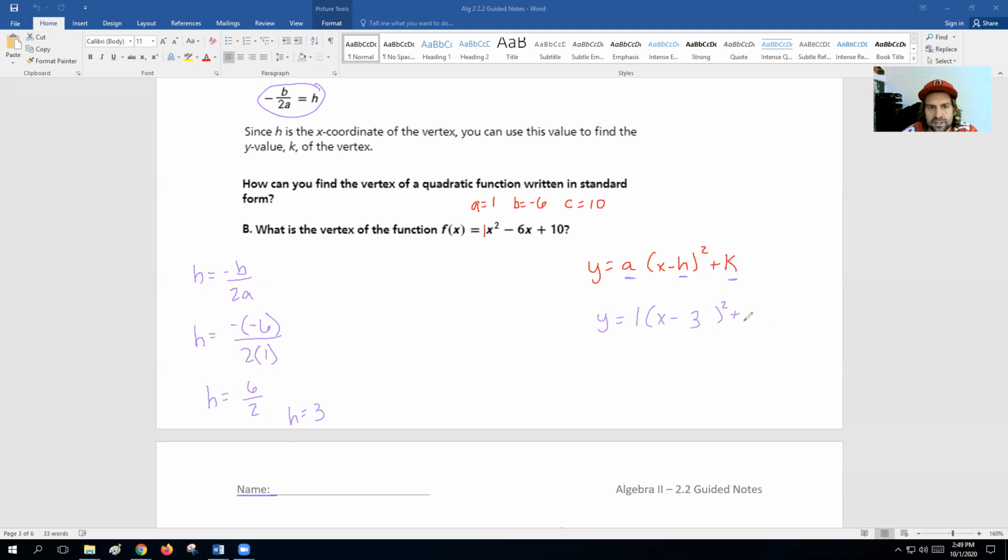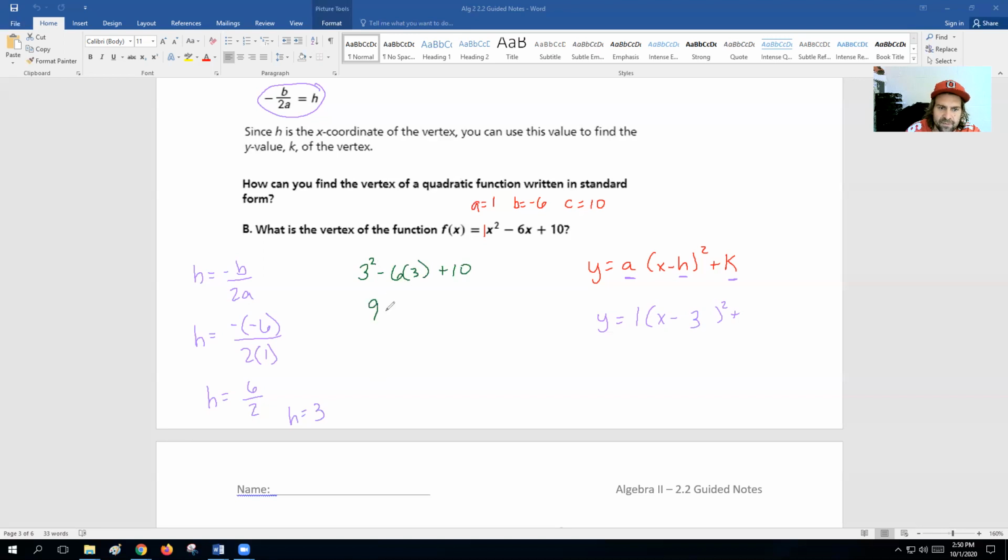Okay, now the next question is, what is k? We can use that crazy formula up ahead to find k, but it's actually easier to just remember that k is our value when we plug in h. So to find k, I'm going to plug h back into the original equation. Instead of x squared minus 6x plus 10, I'm going to put 3 squared minus 6 times 3 plus 10.